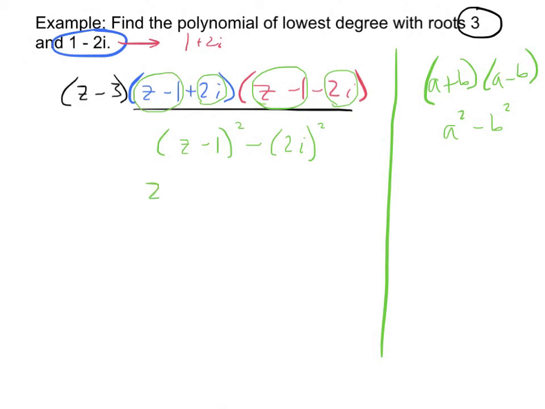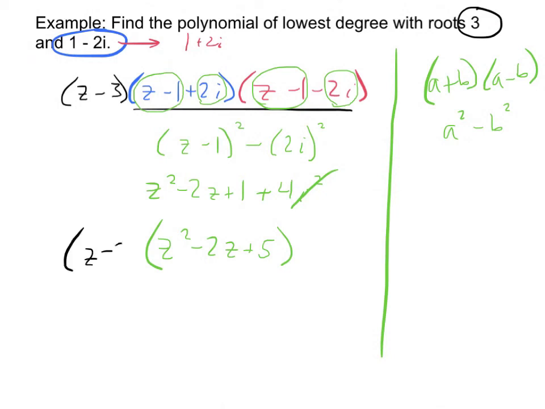I mean, this is just z squared minus 2z plus 1 minus 4i squared. Well, that just means plus 4. This is going to be z squared minus 2z plus 5. And now I just have to multiply that with the z minus 3 that was there from the beginning.